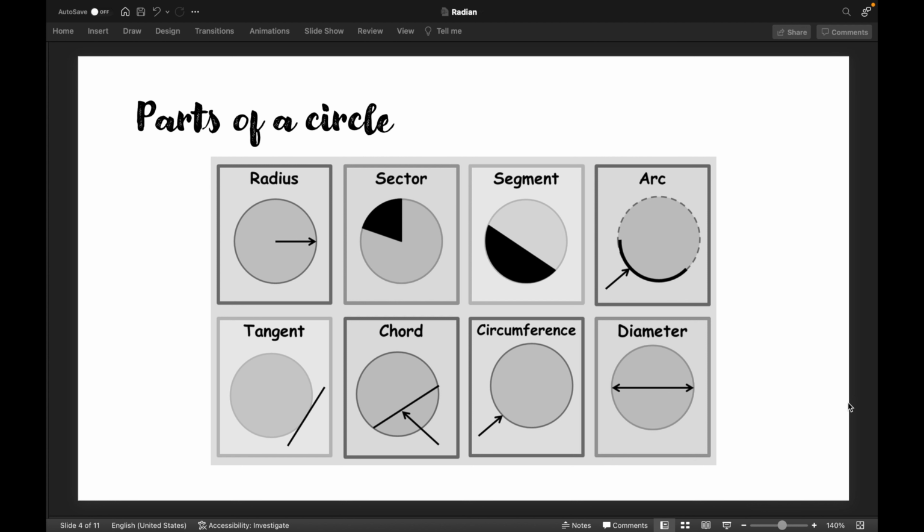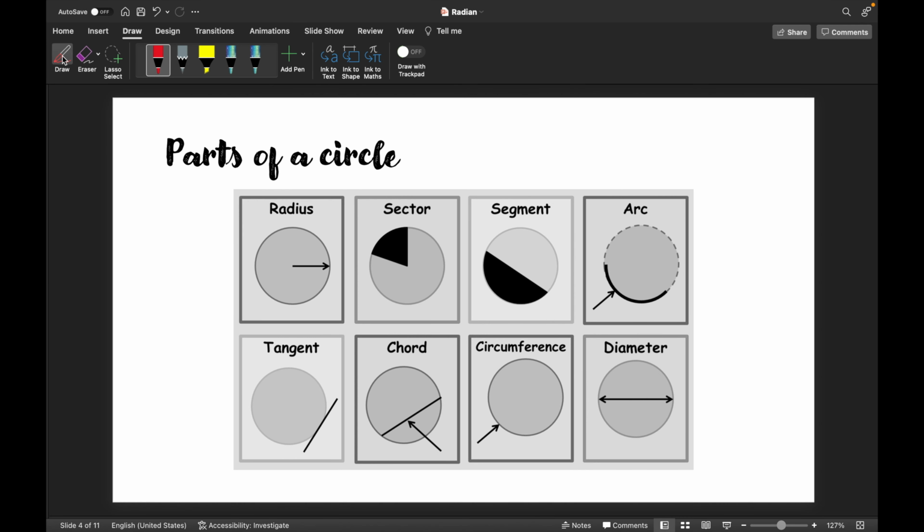And finally we come to tangents. It's a line that intersects the circle at exactly one point. So over here it cuts the circle at exactly one point. And this forms 90 degrees. I'll show you in a second.